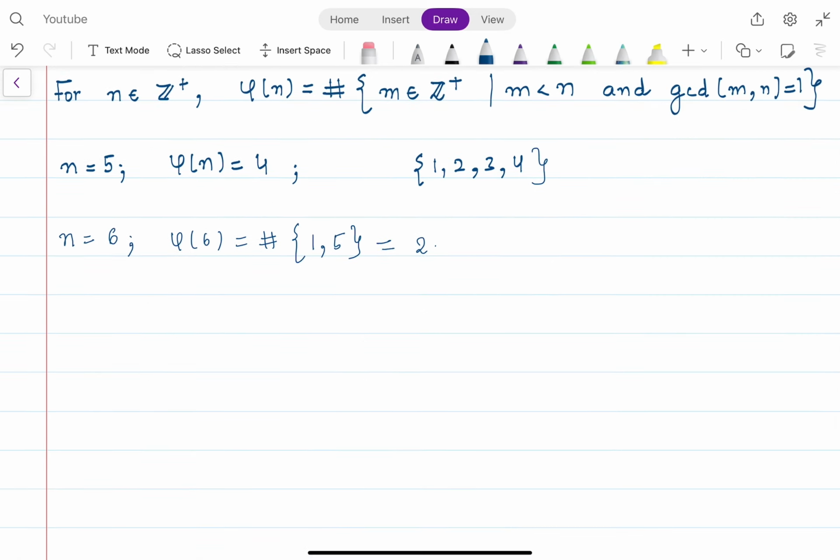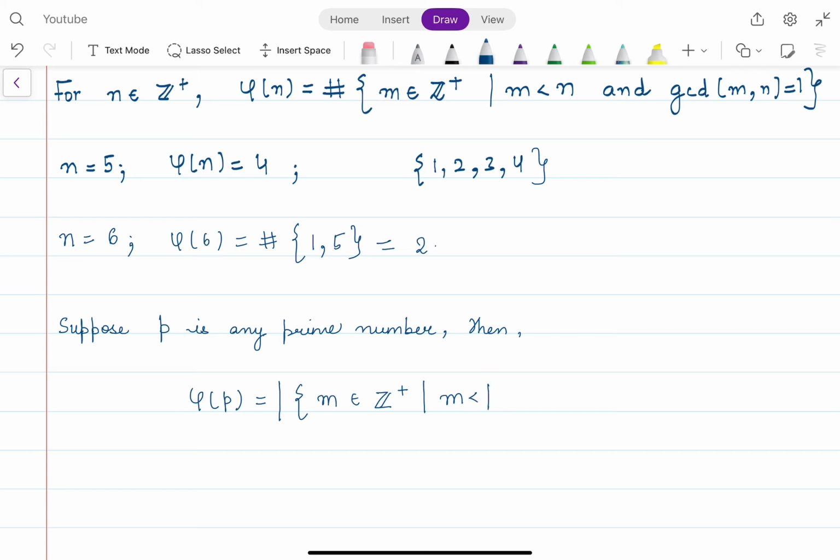if we have any prime number, so suppose p is any prime number, then phi p will be, so phi p counts the number of positive integers which are strictly less than p and whose GCD with p is 1.